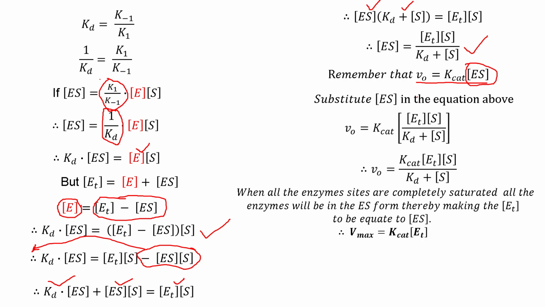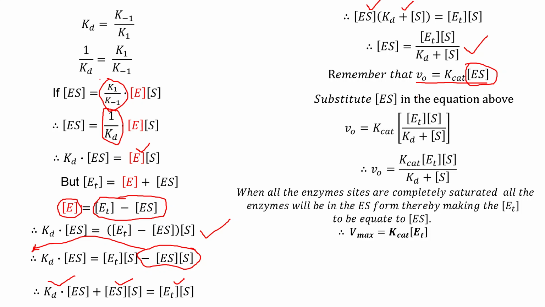Now, as the reaction progresses, when all the enzymes are completely saturated, there will not be any free enzyme. So if that happens, all the enzymes will be in the ES form. And this can only happen when you have reached the maximum velocity.